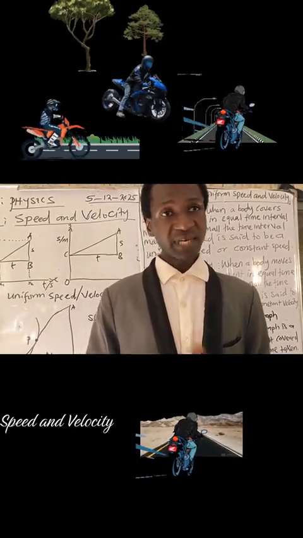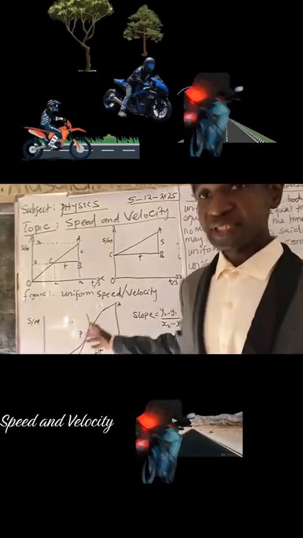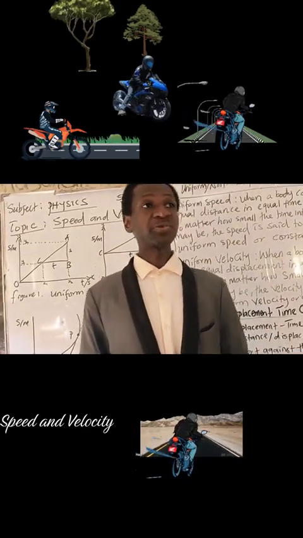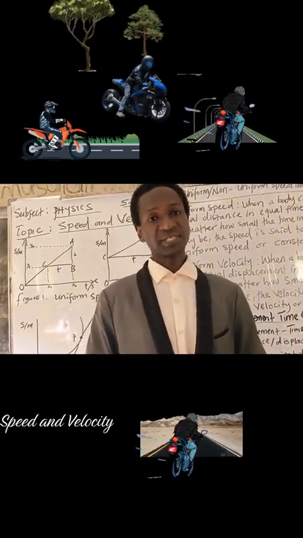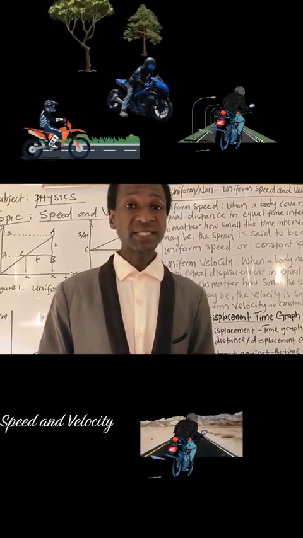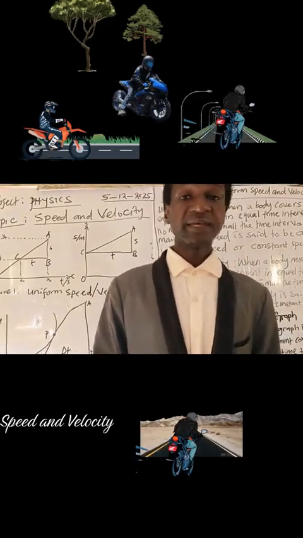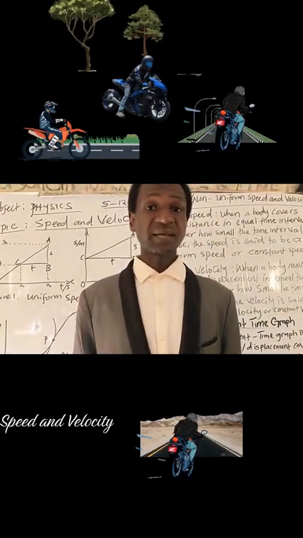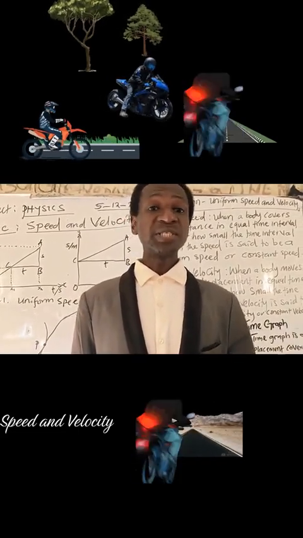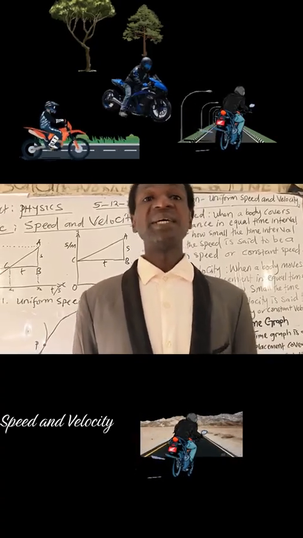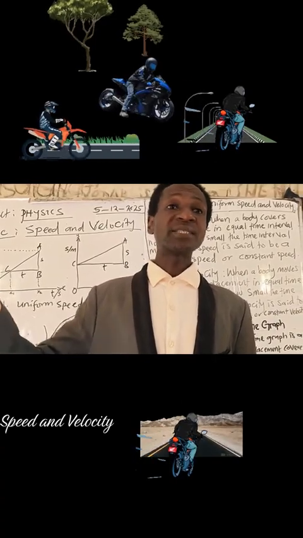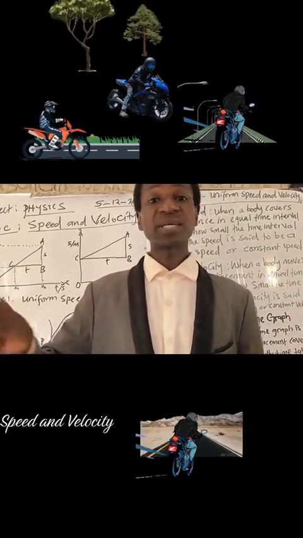So, for example, a motorcyclist passing through a road junction due east for 8 seconds covered a distance of 40 meters. So the uniform velocity of the motorcyclist is the total distance covered divided by the total time taken.